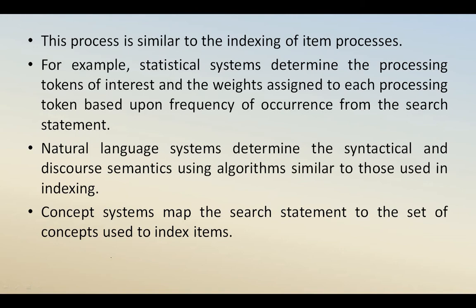That means whenever we search for an item, and these are the items available in the document or database, the concept index maps the items according to the mapping. So if that item is available in only 1 and 3, then it maps like this. In this way the concept systems map the set statement to the set of concepts to the index items.